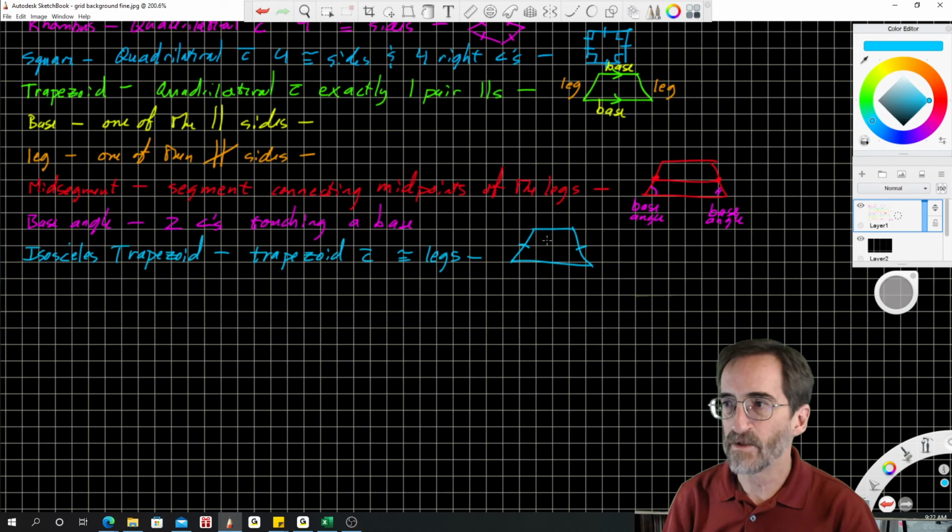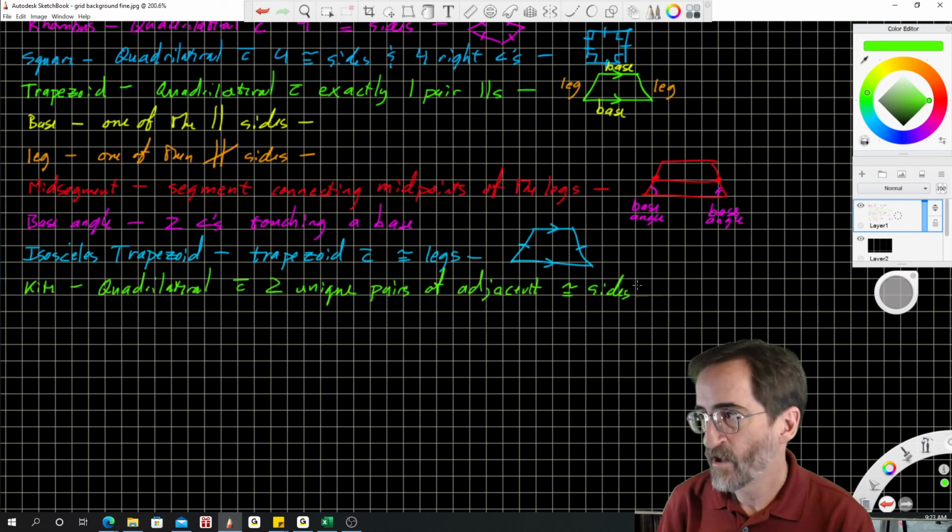Kite. It's a quadrilateral, 4 sides, with two unique, that word unique is important, pairs of adjacent, that means next to, congruent sides.